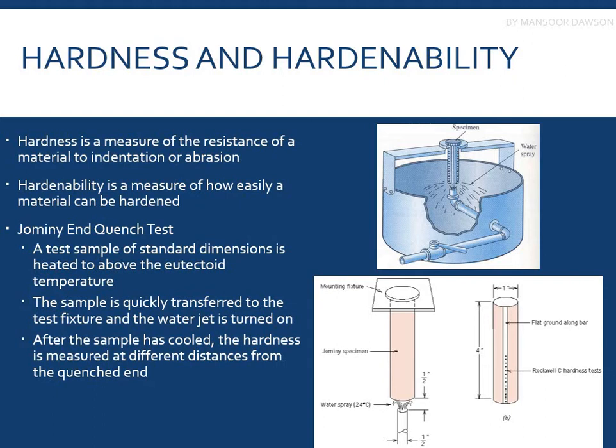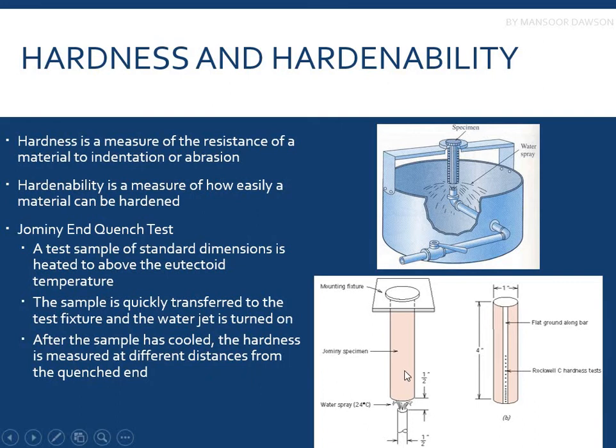So basically our material is heated to the austenitic region, and then the sample is quickly transferred to the test fixture. We'll be fixing this sample over here. As there is no furnace over here, we'll be just taking out our sample from the furnace and fixing it, and we'll be continuously spraying water from the water jet at the other end of our sample.